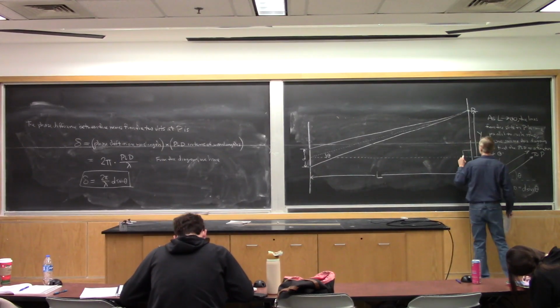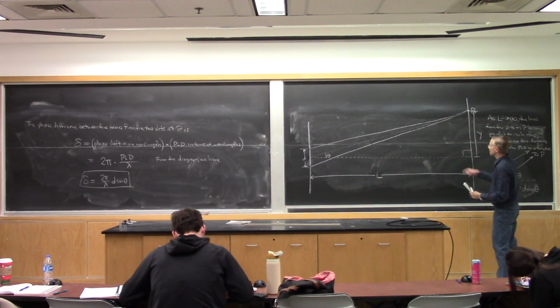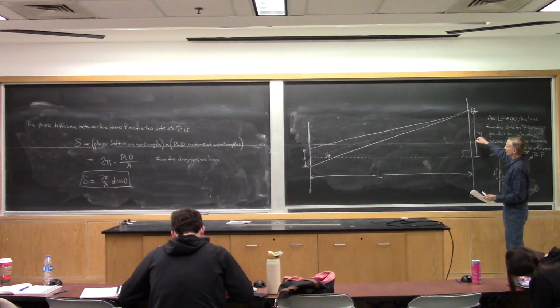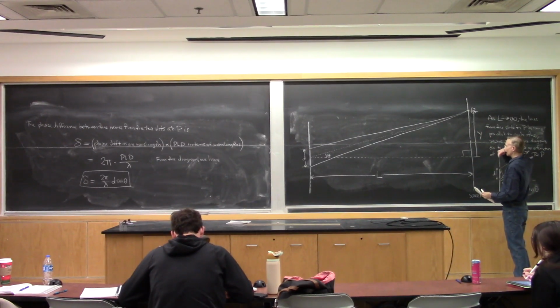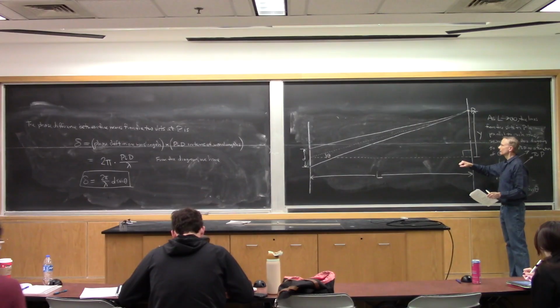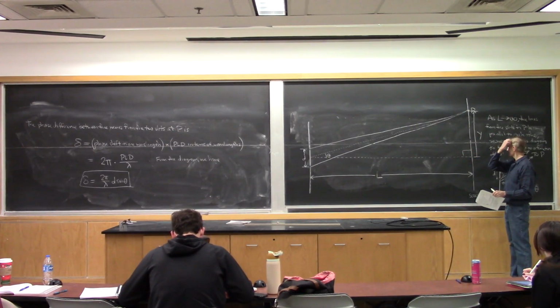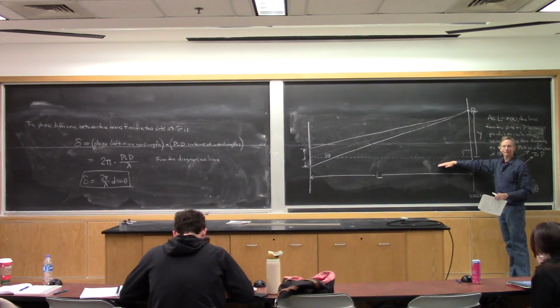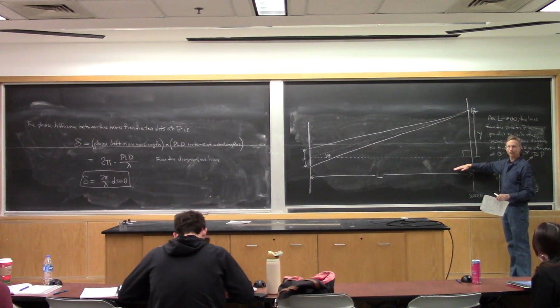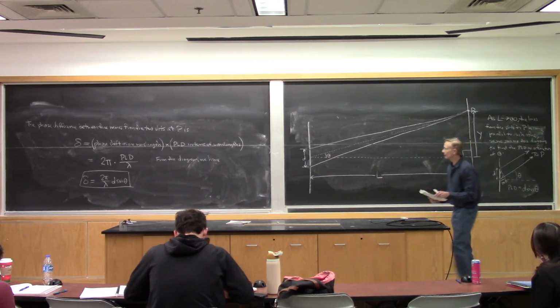We got ourselves a big old right triangle here, and tan theta is y over L. Right? Tan theta is y over L from that right triangle.